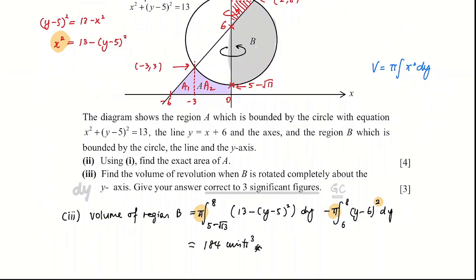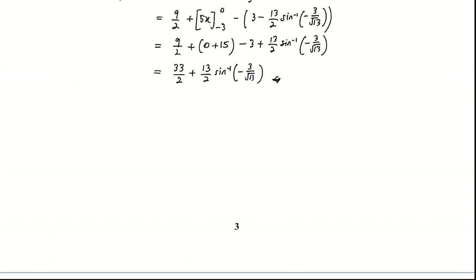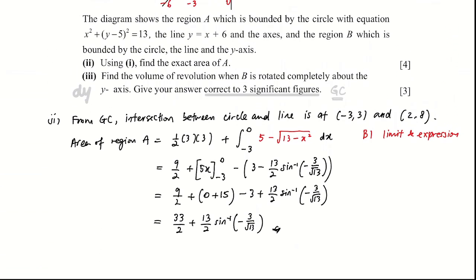Now let's take a look at how we get the marks from the previous parts. B1 for this, and the 2 more marks are actually for piecing everything together, the rectangle plus the area under the curve.